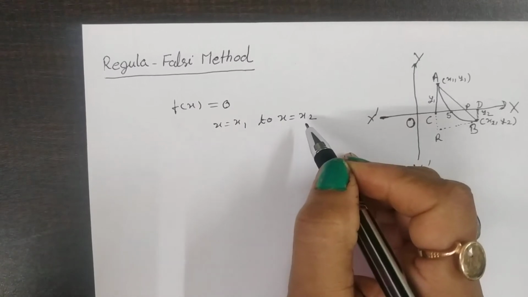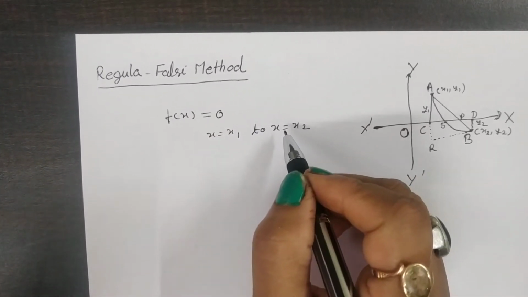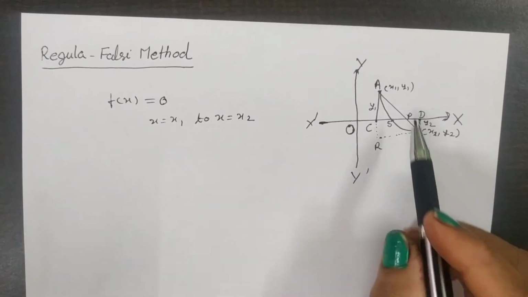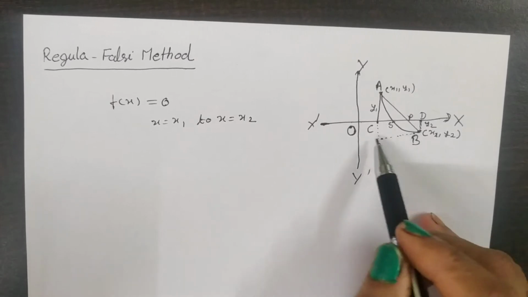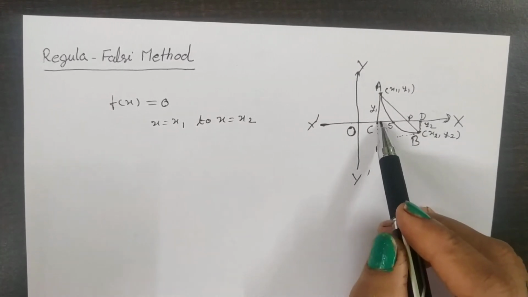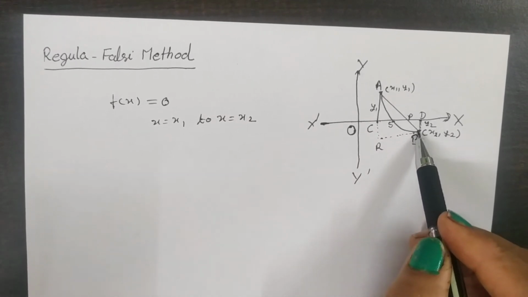Since the root lies in this interval x1 to x2, the curve must cross the x-axis in this direction, where x1 is here, and this one is x2.